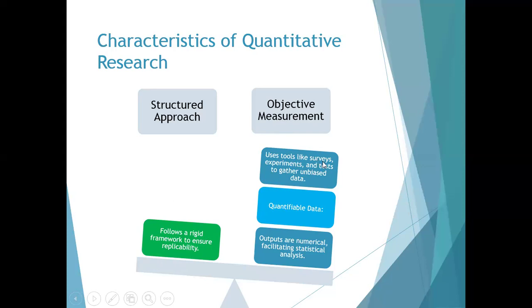Uses tools like surveys, experiments, and tests to gather unbiased data. Okay. Quantifiable data. Outputs are numerical, facilitating statistical analysis. Okay. So remember this. The objective should be measured.